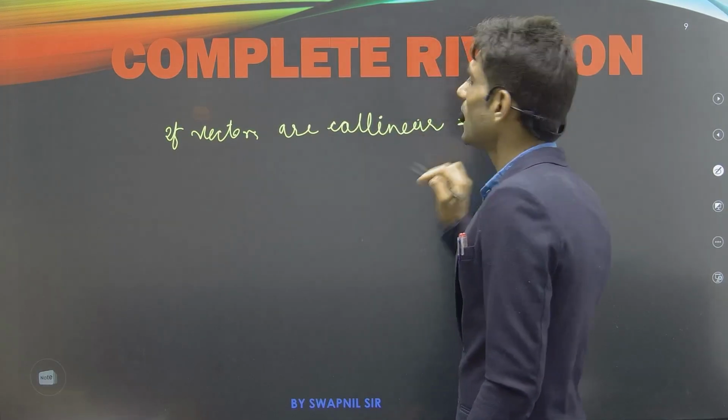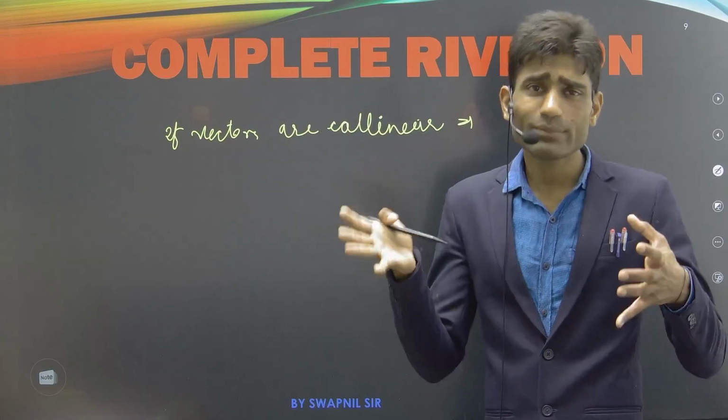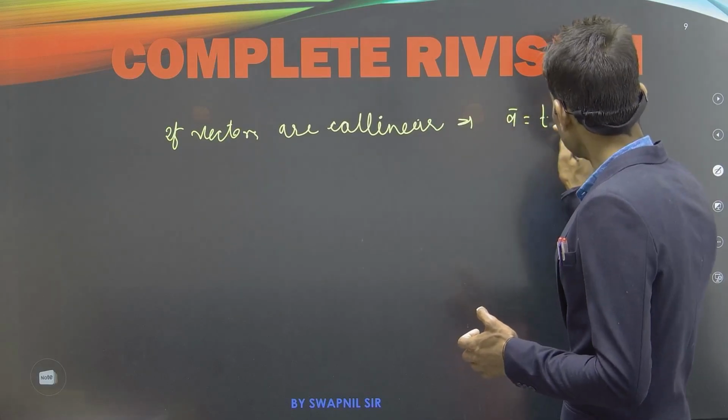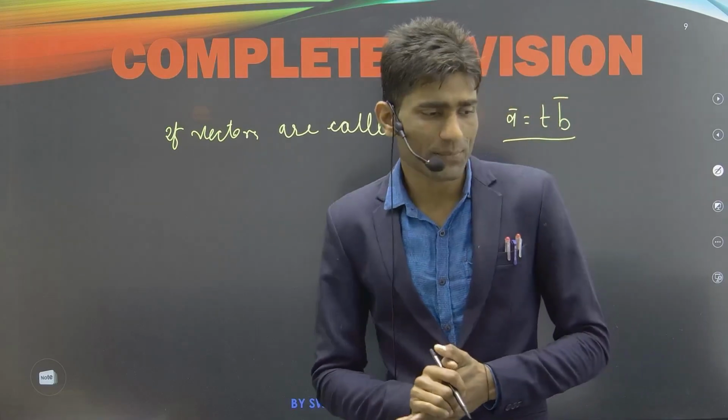If the vectors are collinear, now consider that I have position vector a bar and position vector b bar. If these two vectors are collinear, then we write that the first position vector can be a scalar multiple of the second position vector. This condition is very important here.